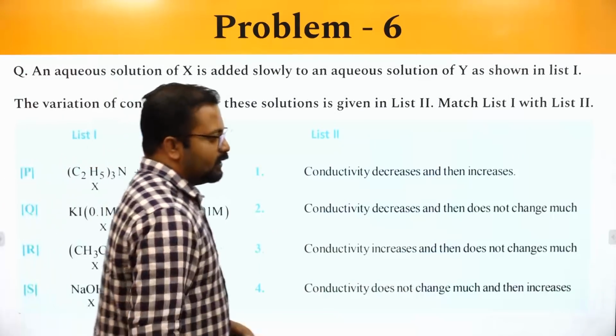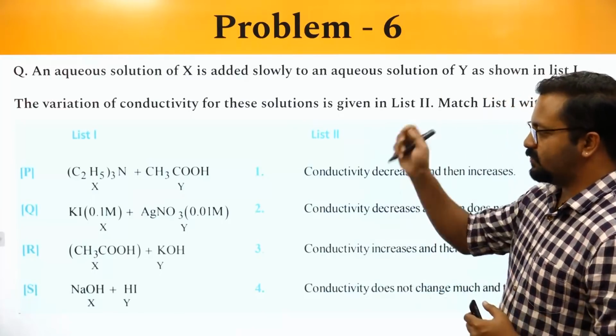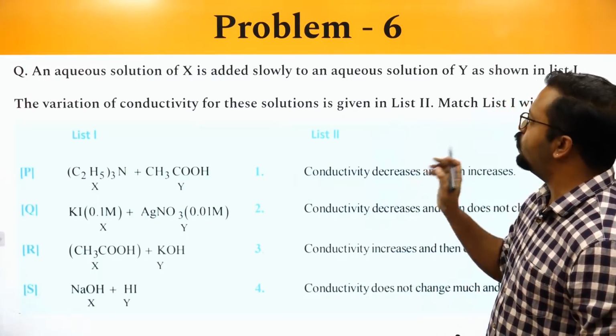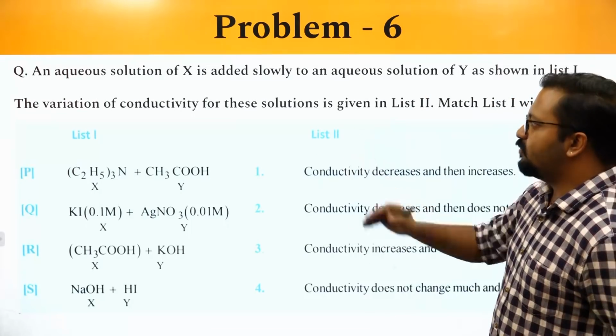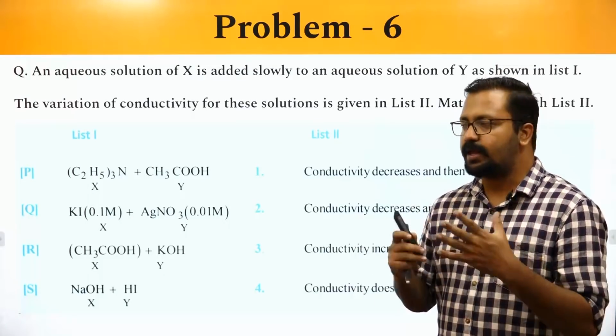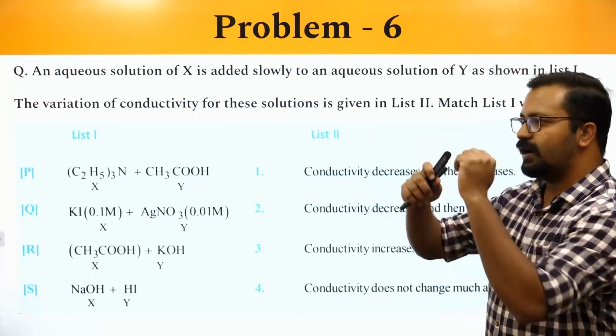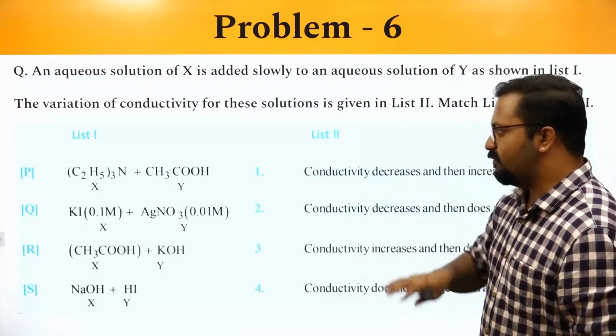Okay, so the next question is this. The next question talks about this fact that an aqueous solution of X is slowly added to an aqueous solution of Y as shown. What is the variation of conductivity? Variation of conductivity के ऊपर बहुत बार question दिया गया है JEE में, and it has become a regular feature these days. How do we evaluate this?